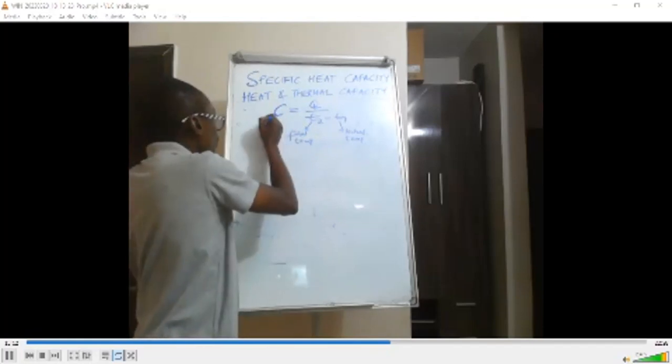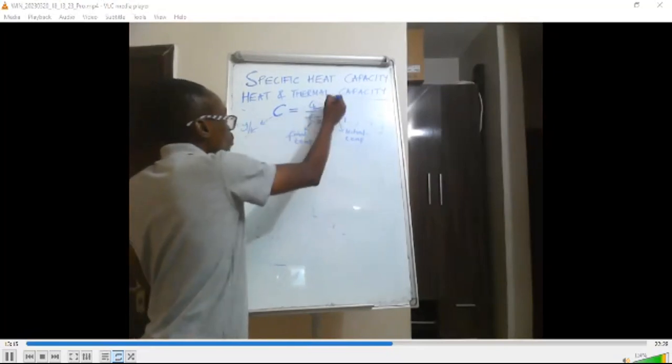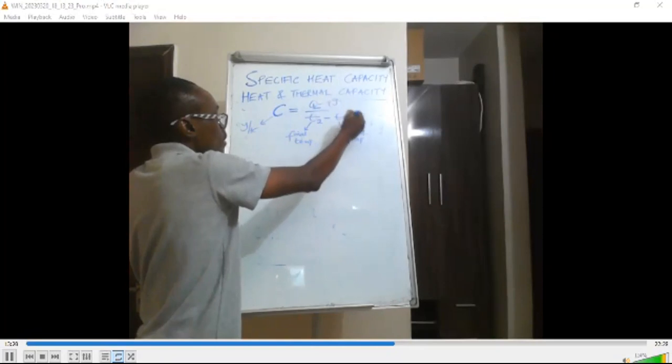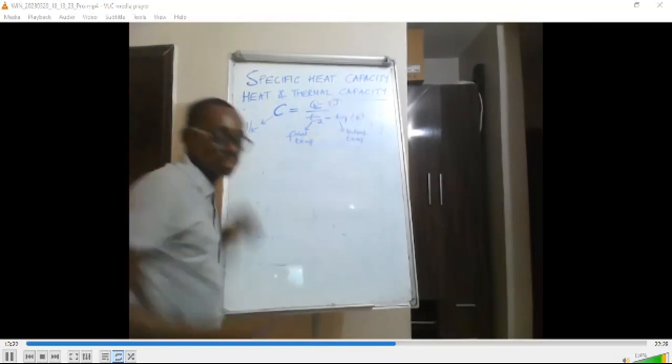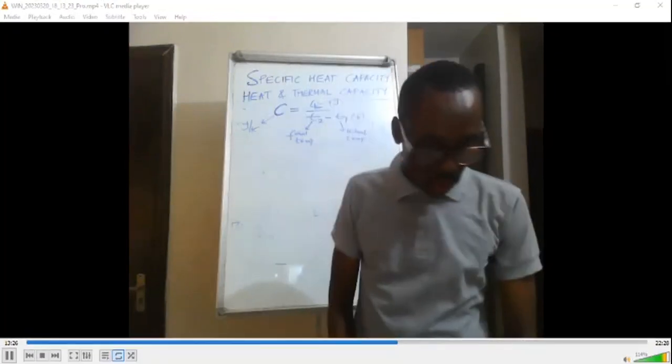Heat capacity is in joules per Kelvin, quantity of heat is in joules, and temperature is in Kelvin. Okay, so that is the expression for the heat capacity of a body.